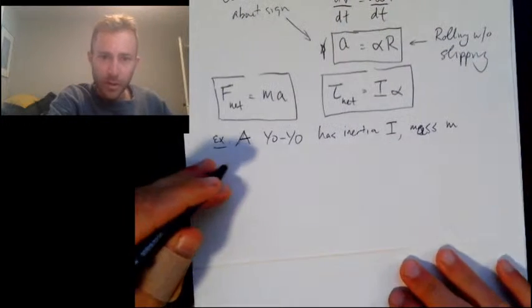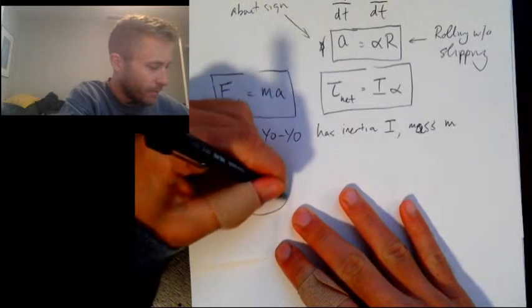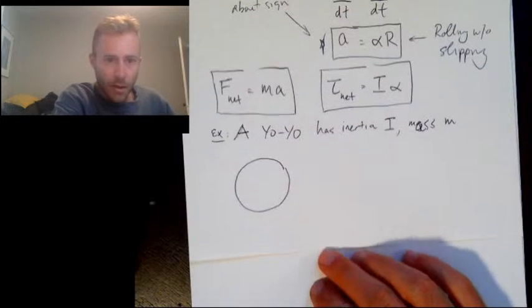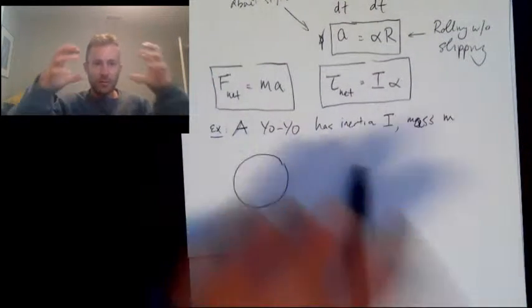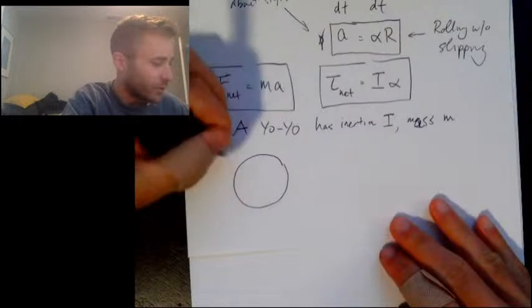And if we think about a yo-yo, here's the yo-yo, and a yo-yo is basically two discs. This is a side view of a yo-yo.